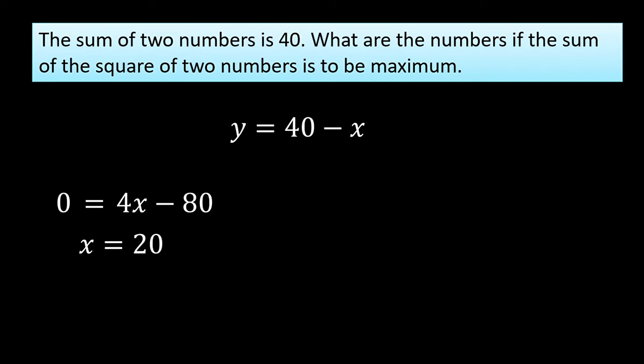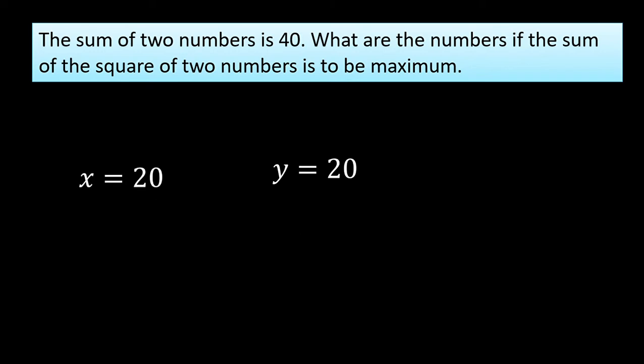What is the other number? Because we are looking for the numbers. For y, I will substitute this x here. So y is equal to 40 minus x, that will become y is equal to 40 minus 20, that is y is equal to 20. So these are now the two numbers: x is equal to 20 and y is equal to 20. This is now our answer.